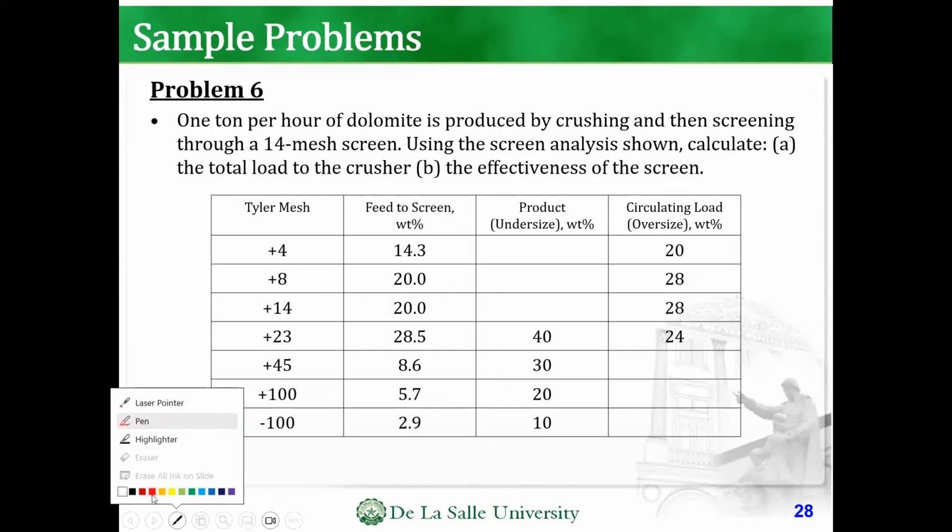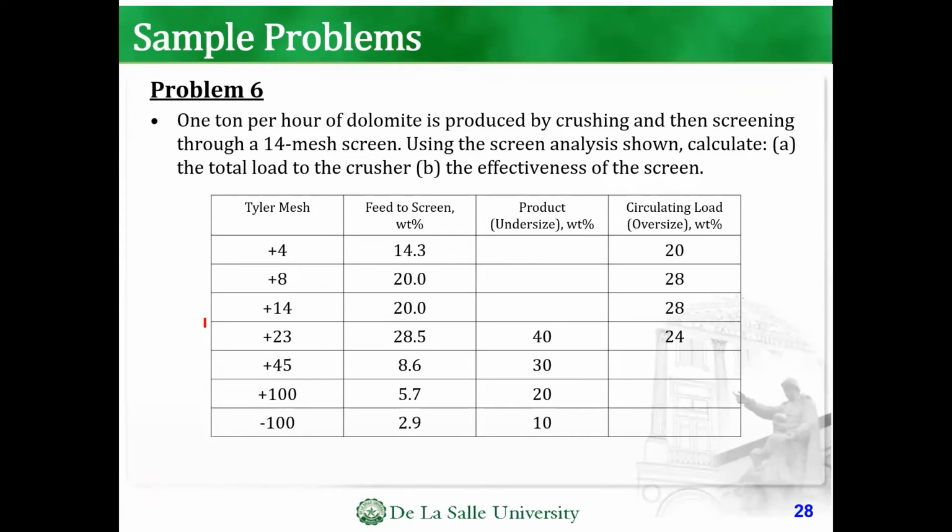It's important for us to separate this one. If it passes through a 14 mesh, let's separate this here. Why? Because everything on top here does not pass through 14 mesh.